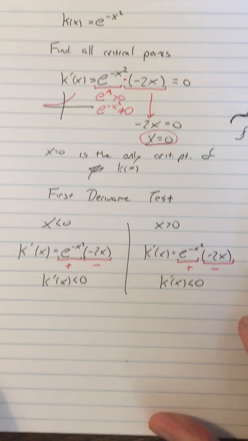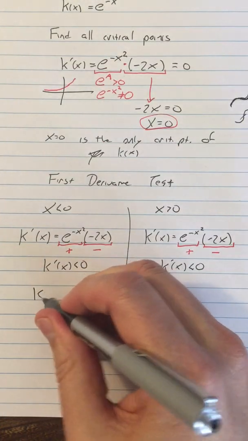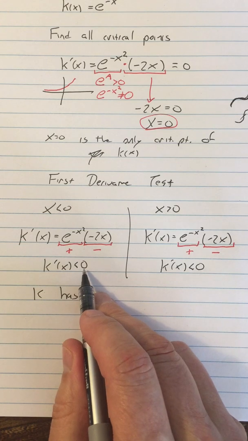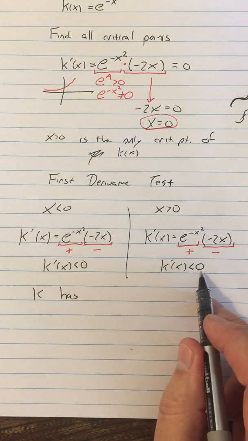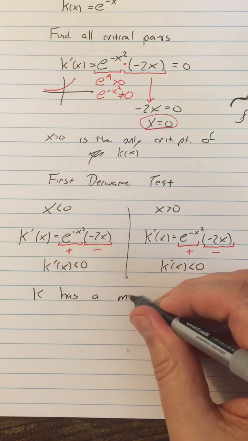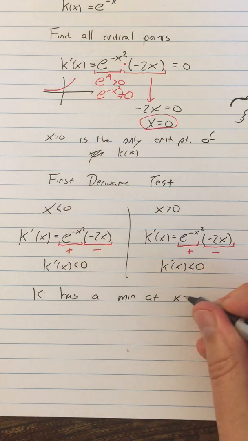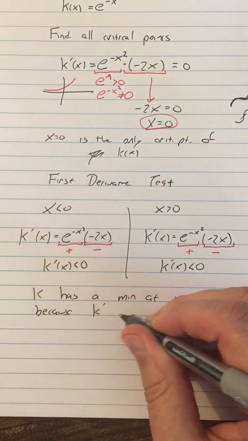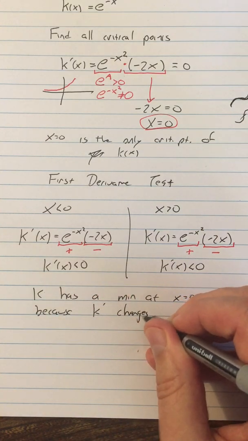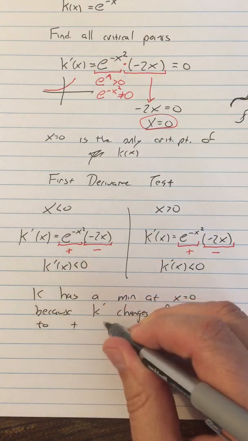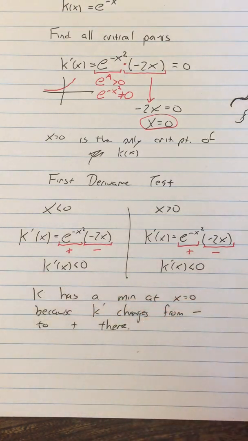So what I can say now is that k prime changed from positive to negative. So what does k have? K has a max at x equals 0 because k prime changes sign there. Be specific about what you're saying.